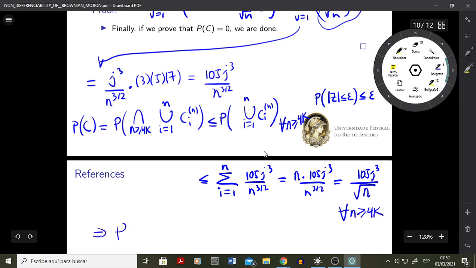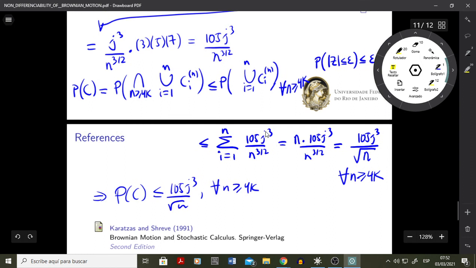So the probability of C is less or equal than this for all n greater or equal than 4k.